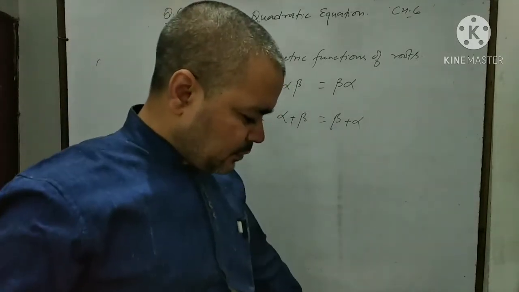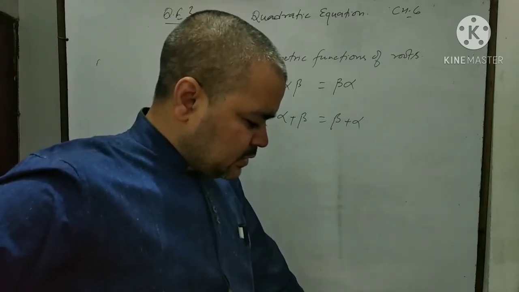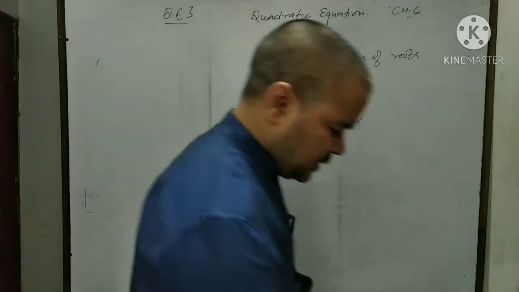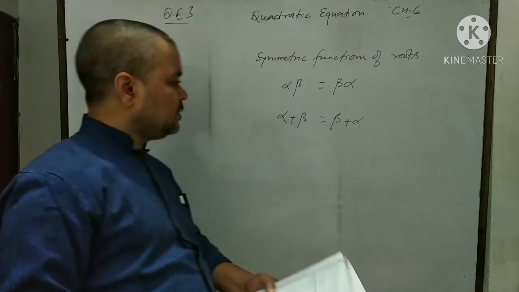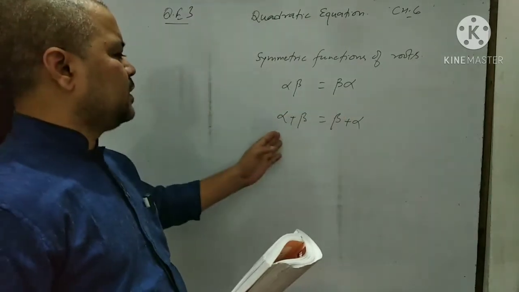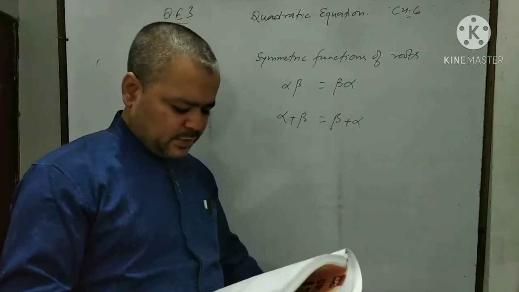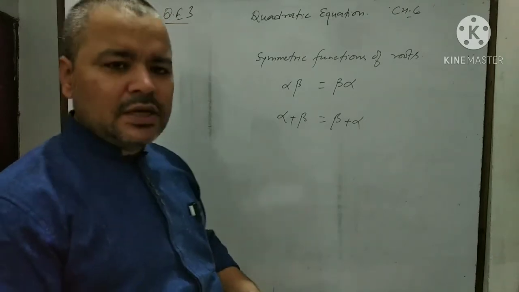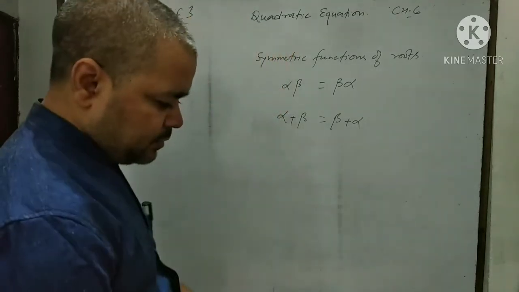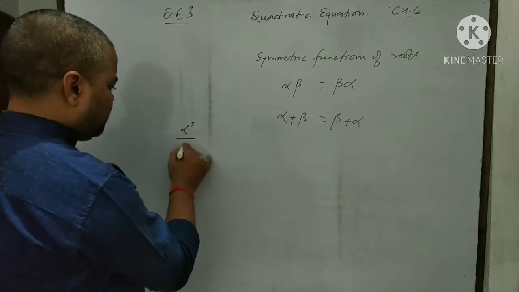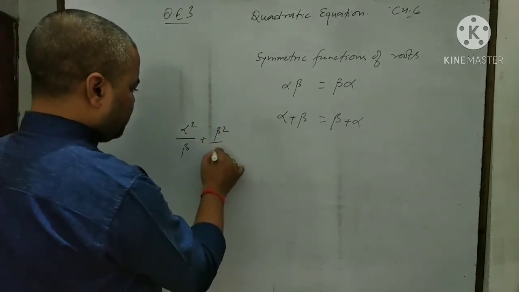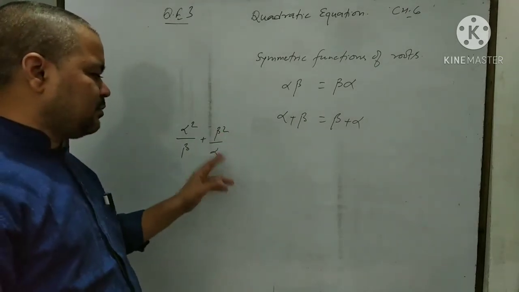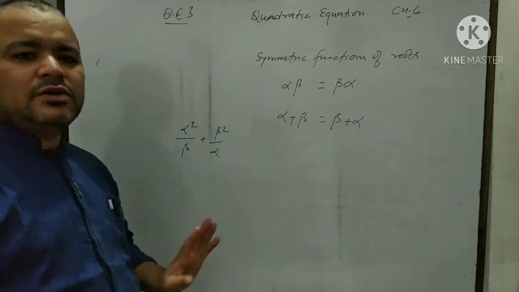So if an expression does not change on interchanging alpha beta, then it is called symmetric. One more example of symmetric we can give: alpha square upon beta plus beta square upon alpha. If at the place of beta we write alpha or at the place of alpha we write beta, there will be no change.